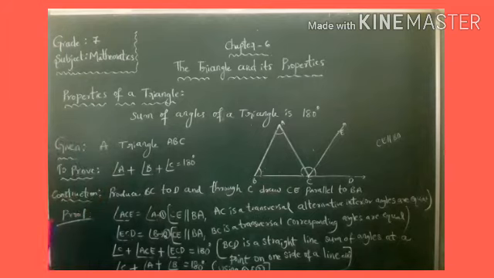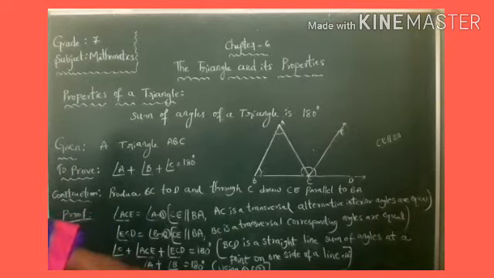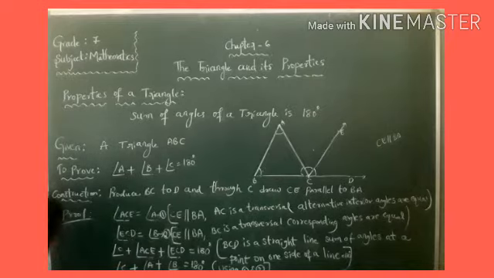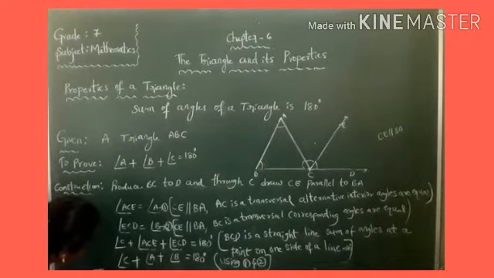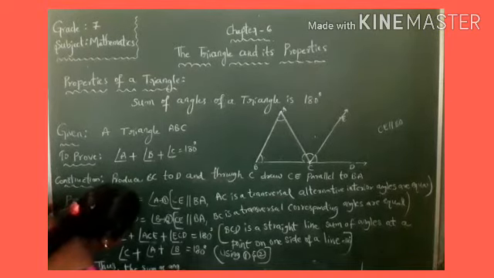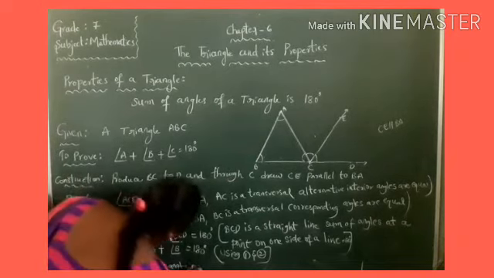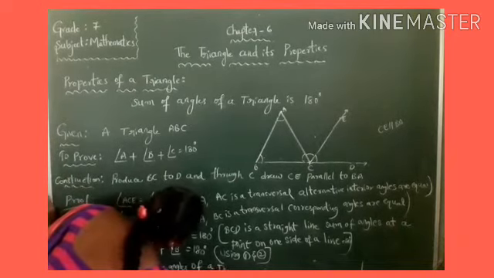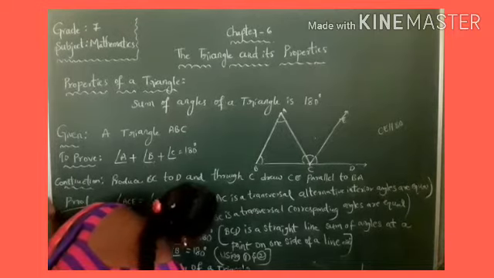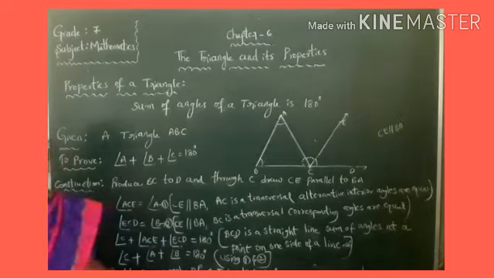Now observe. How many angles did you get here? 3 angles. So the sum of all angles is equal to 180 degrees. That's why the sum of angles of a triangle is 180 degrees.